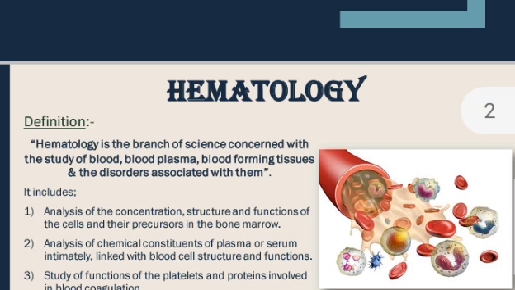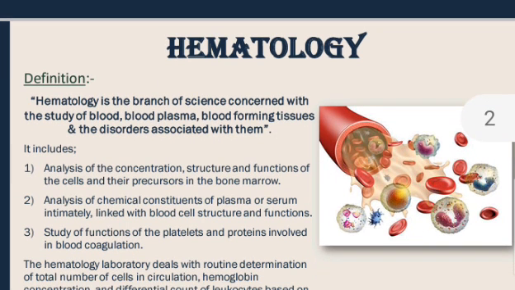It may also include blood forming organs such as bone marrow and blood diseases. Then it includes analysis of concentration, structure and function of the cells and their precursors in the bone marrow. It also includes the study of functions of the platelets and proteins involved in blood coagulation.